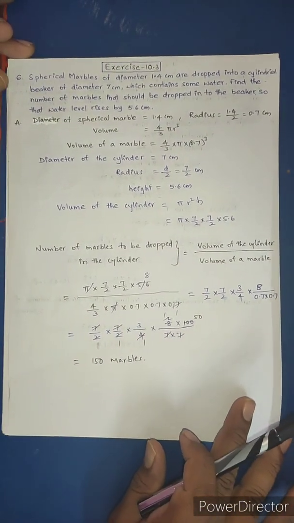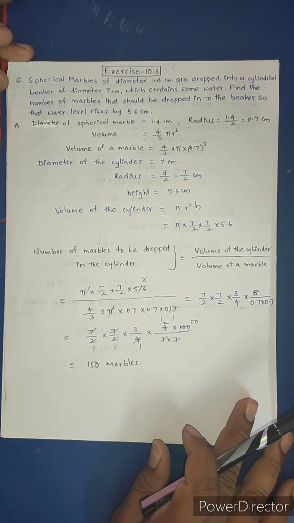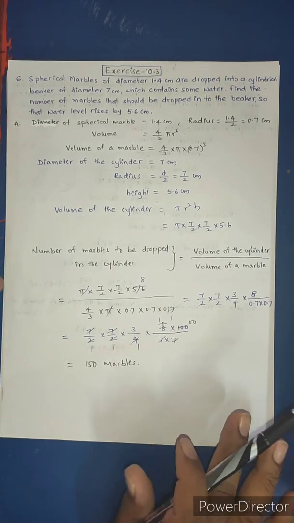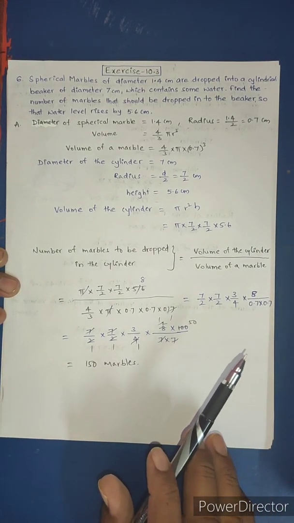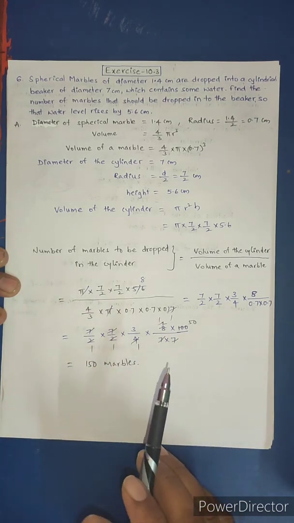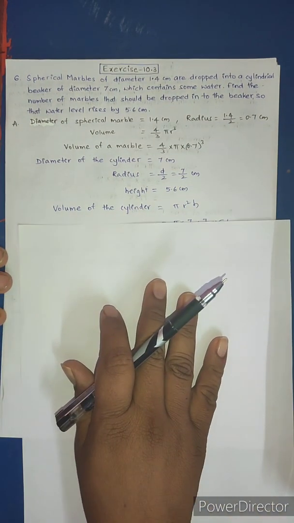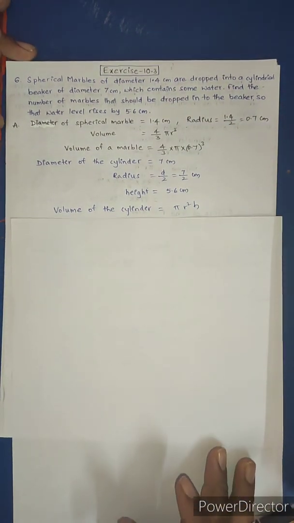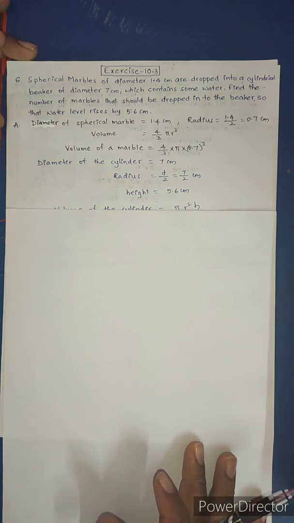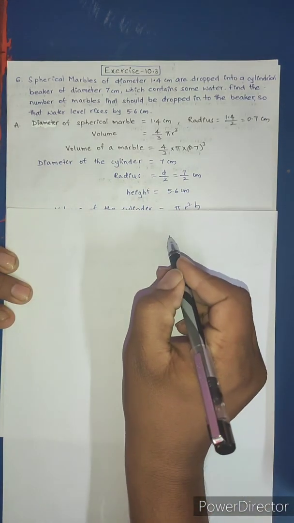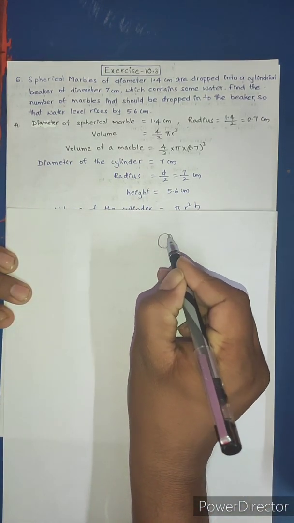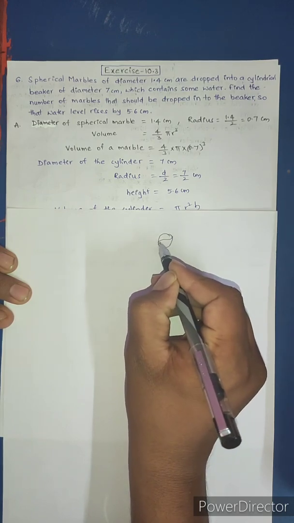Spherical marbles of diameter 1.4 centimeter are dropped into a cylindrical beaker of diameter 7 centimeter, which contains some water. Find the number of marbles that should be dropped into the beaker so that the water level rises by 5.6 centimeter. There are some spherical marbles.